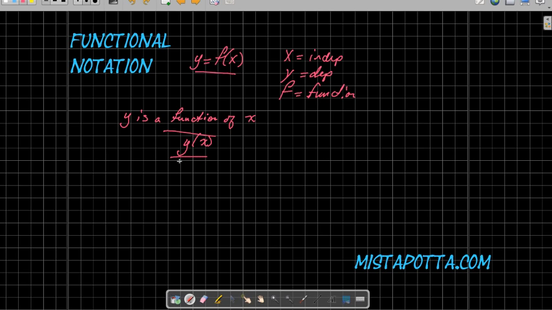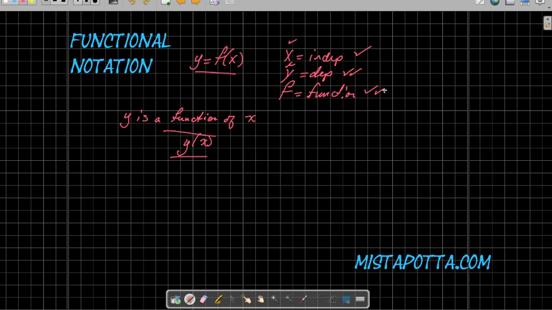Now, all of these mean the same thing. They all mean that x is our independent variable, y is our dependent variable, and there is some function that connects them. So we're always going to say y is a function of x. That makes it clear that 1, we have an independent variable, it's x. 2, we have a dependent variable, that's y.